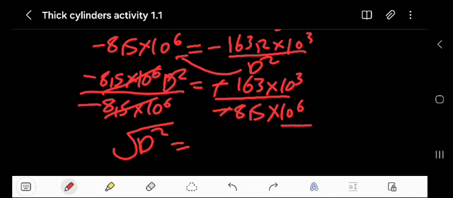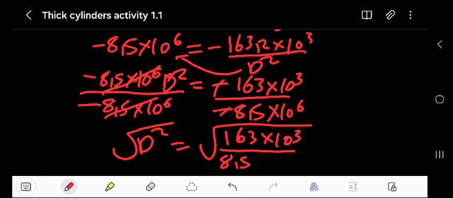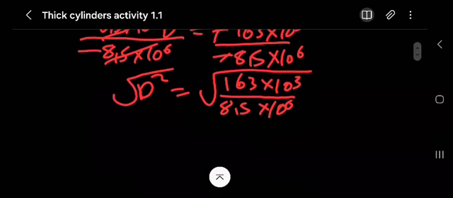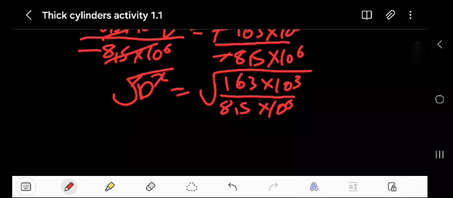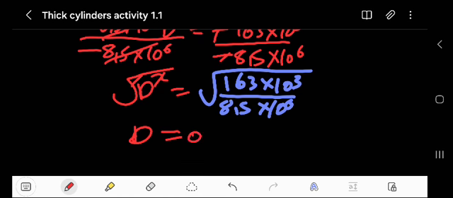If I take the square root of 163 times 10 to the power of 3 over 8.5 times 10 to the power of 6, then we have d, in meters. That gives 0,138.